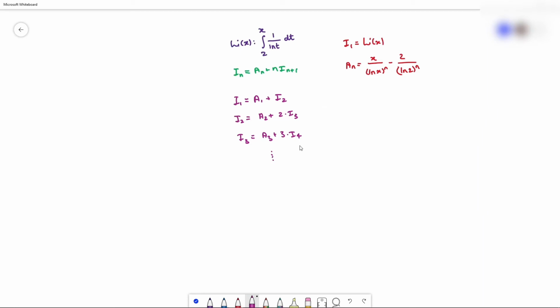So now, you may think to yourselves, what if we substitute each of these values back into the previous iteration? What that'll give us is I of 1 equals a of 1 plus a2 plus 2 times a3 plus 3 times a sub 4 plus 4 times a sub 5 plus on and on and on, and a bunch of close brackets there.